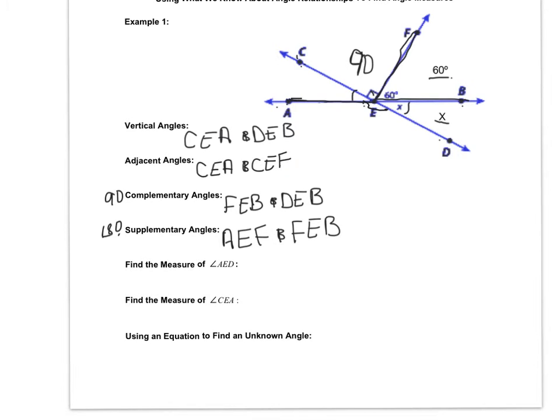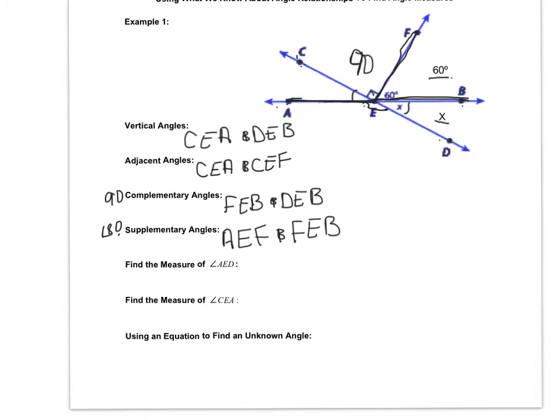So we know that AEB is 180 degrees, it's that straight line. But then we also have this smaller angle here, this measure angle X. Well, how do we use what we know about that angle to help us to figure out the measure of angle AED? This is where we rely on those complementary angles.